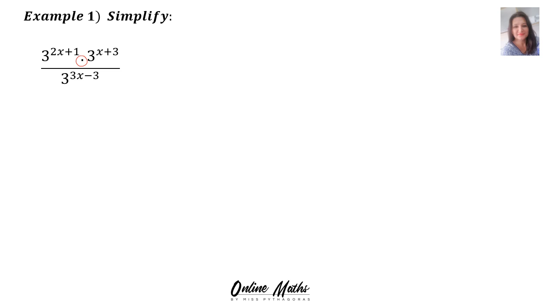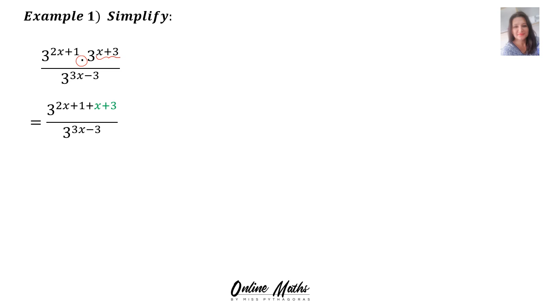So the law says, when it's multiply and the bases are the same, we add exponents. So therefore it becomes 3 to the 2x plus 1 plus x plus 3. And the denominator stays 3 to the 3x minus 3.